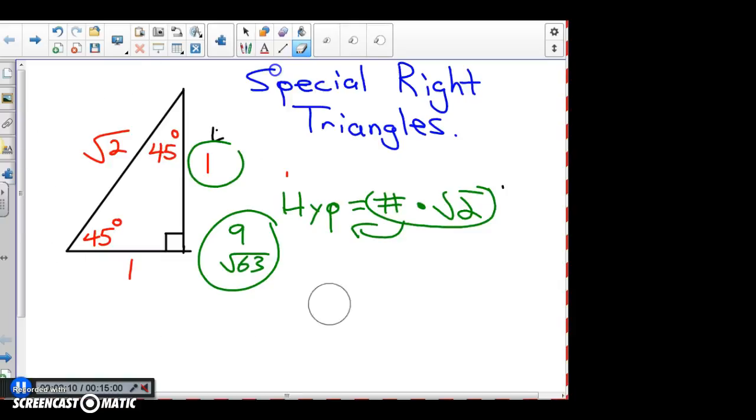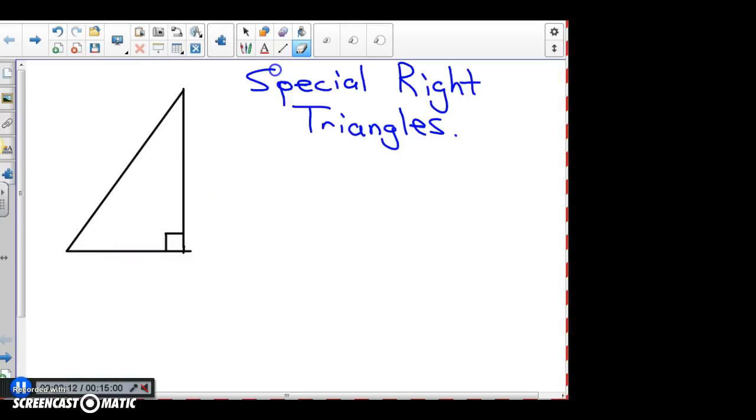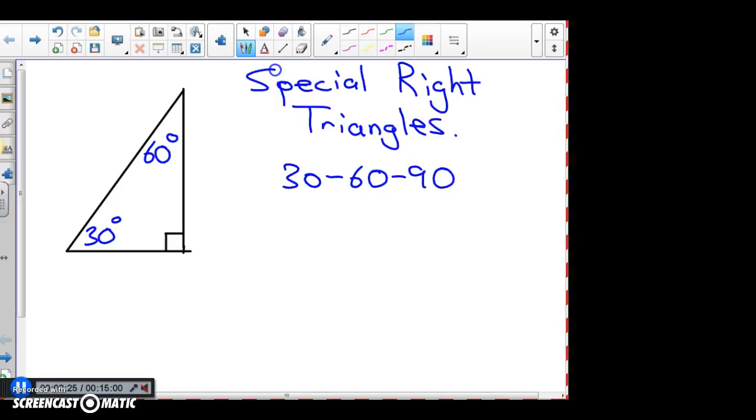So, erase all this. The next one we looked at, and it looks a little bit different, is a very special kind of triangle that we call a 30-60-90. Again, these numbers represent the degrees in the triangle. So we set up like this, and I refer to both the one I did before and this 30-60-90 as kind of our starting points for special right triangles.